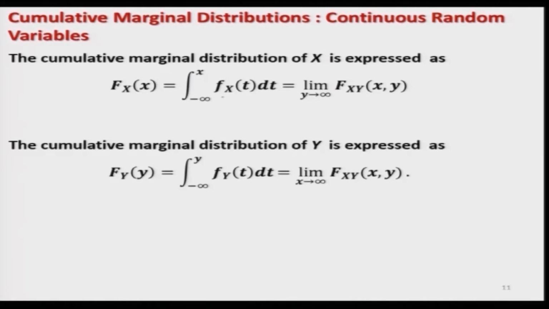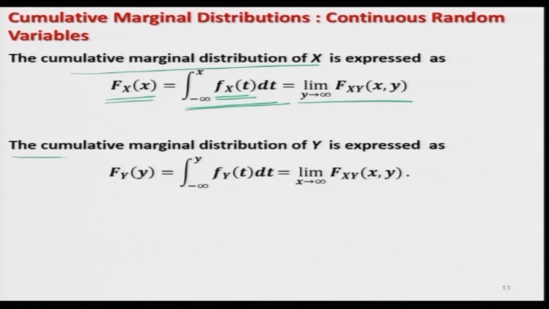You simply take the marginal distribution f_X and define the cumulative marginal distribution of x, indicated by F_X(x), which is the integral from minus infinity to x of f_X(t) dt, and this is the same as the limit as y tends to infinity of F(x,y).